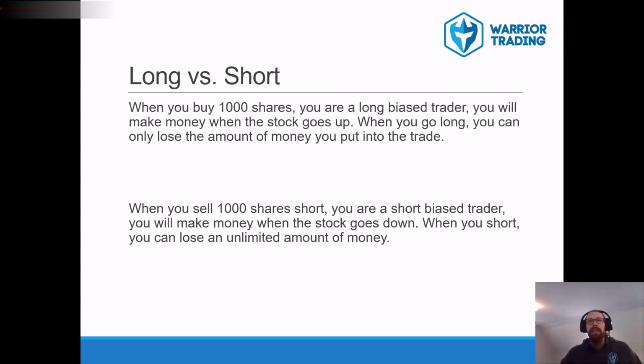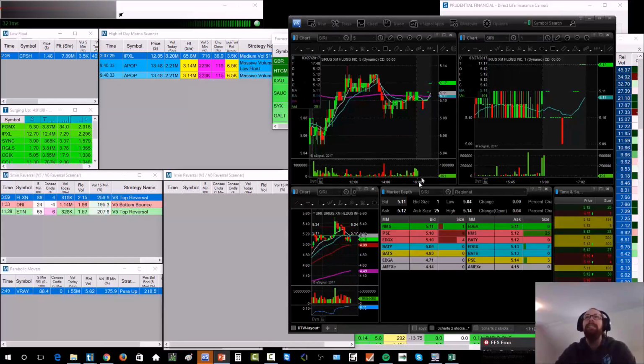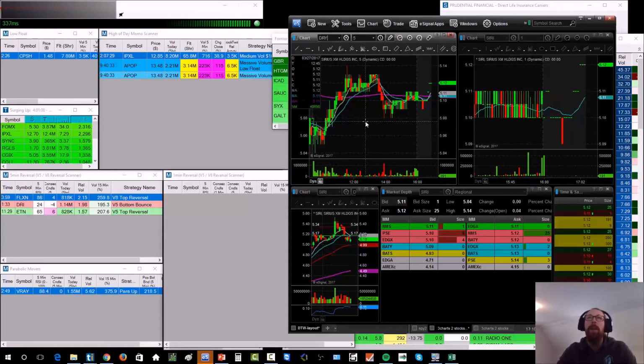What if it goes to $1,000 a share? You're down $990,000. That's the potential. When you're shorting stocks, you can lose an unlimited amount of money. So if a stock goes the wrong way and it goes up 10,000%, you could lose far more than you put into the trade.